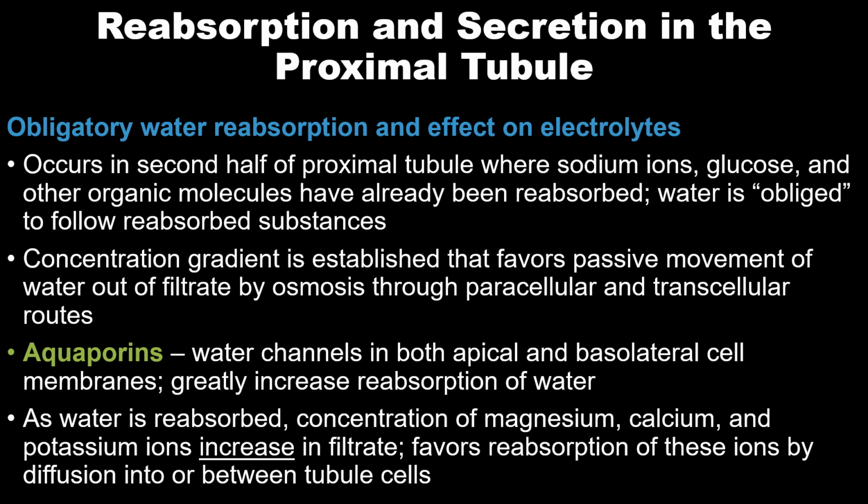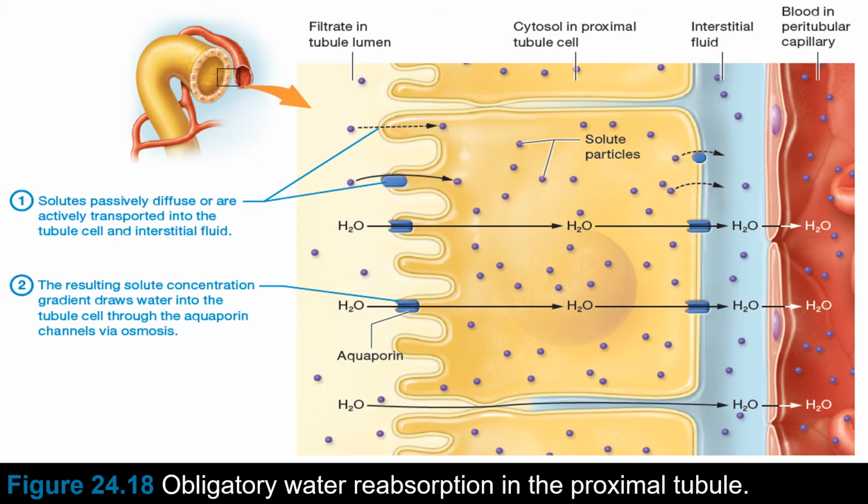These aquaporins are located in both the apical and the basolateral membranes of these proximal tubular cells, and they allow water to move quickly across these cells transcellularly. As this obligatory water reabsorption continues, the concentration of solutes like potassium, calcium, and magnesium ions is going to continue going up in the filtrate.